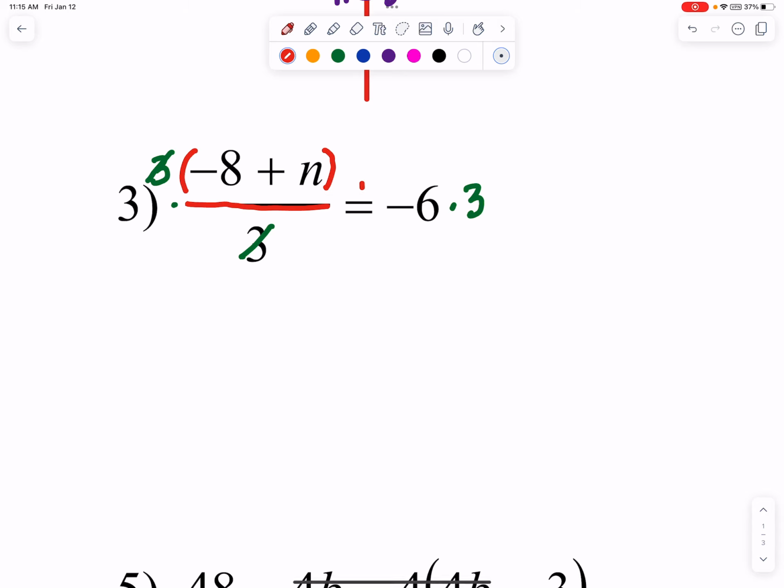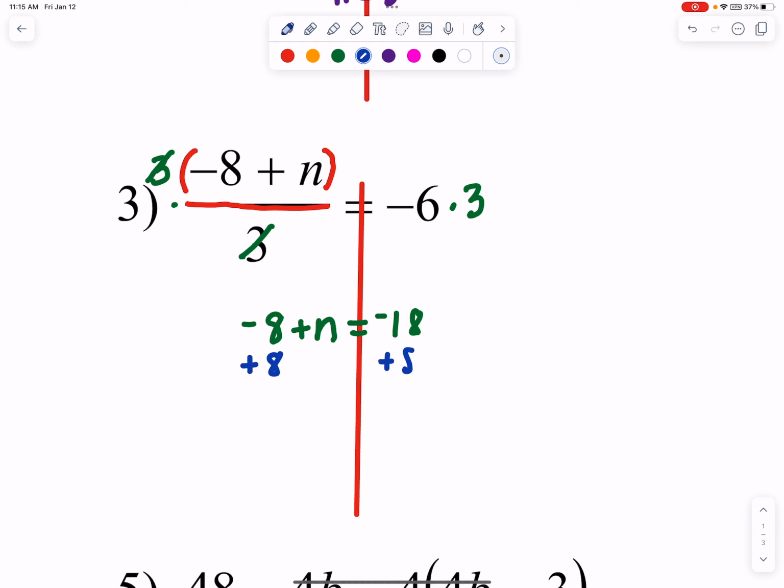I'm going to go ahead and separate my workspace here. What are we left with? Well, now parentheses are all gone because we got rid of our need for them. And 3 times 6 is 18, but it's negative. Let's go ahead and now we can isolate the variable, get rid of that -8 by doing a +8 to both sides.